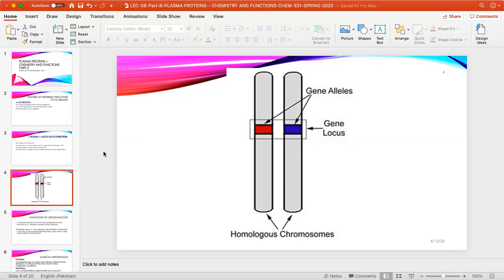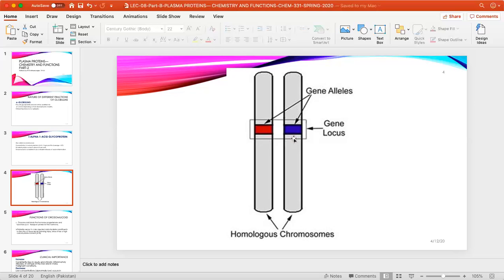Now, in this diagram, I will explain what is meant by polymorphic genes. This is the gene area, one locus. Here the red gene allele is red and the other is blue. This is a homologous chromosome, and in the homologous chromosome there is one blue allele and one red allele. This area is called the gene locus. Locus is the singular of loci.